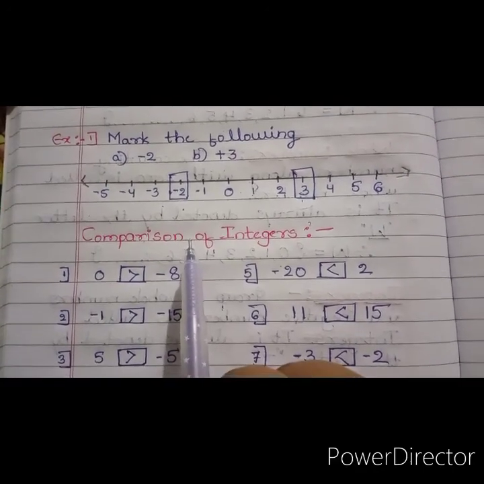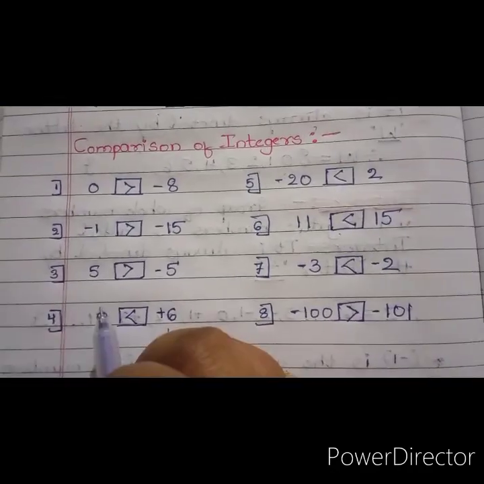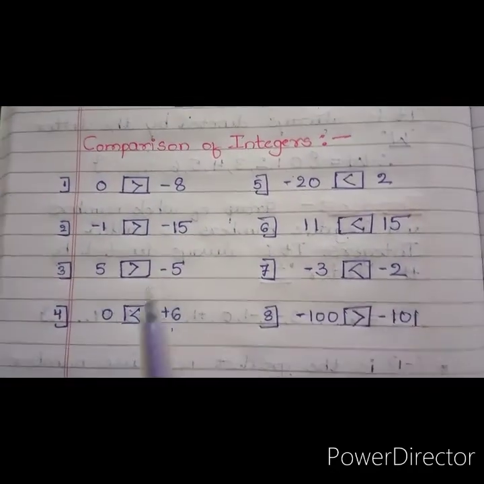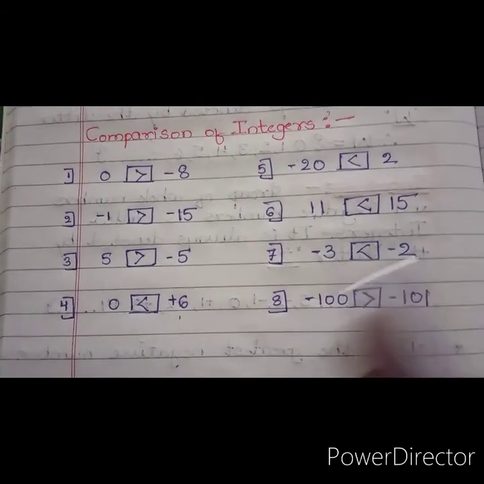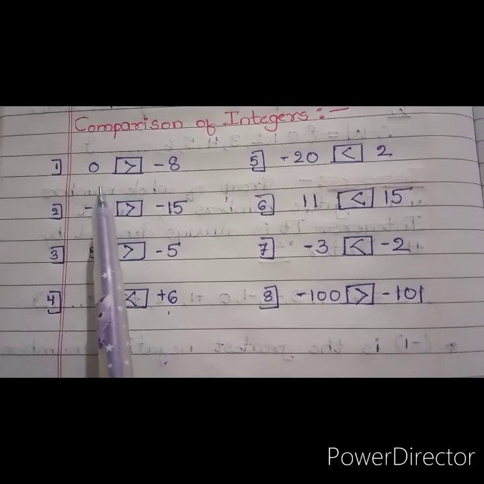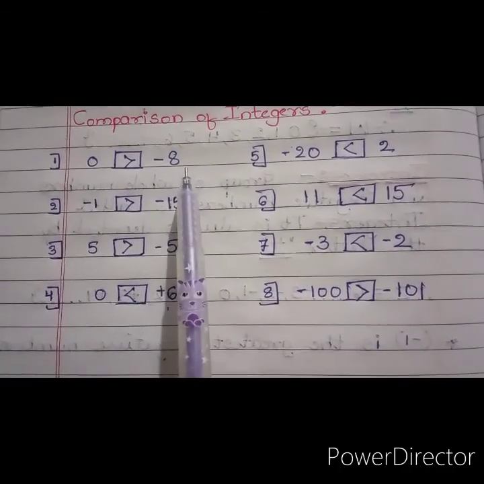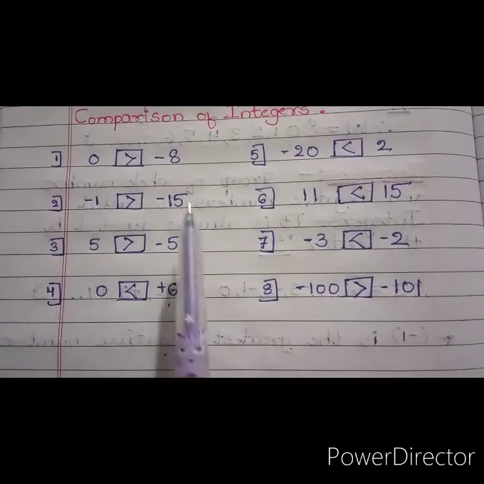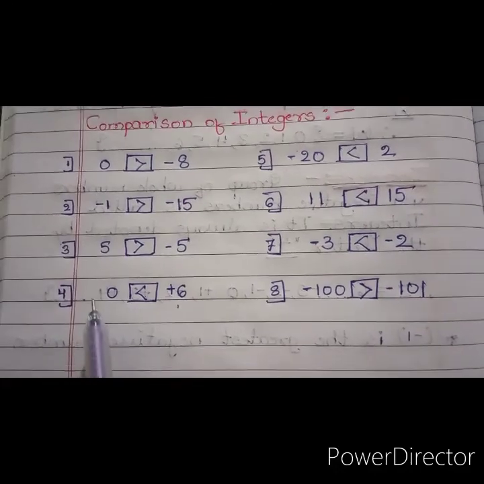Next one is comparison of integers. Here some problems are there, already compared, just to see. Here 0 and minus 8. So 0 is greater than minus 8. Minus 1 is greater than minus 15. 5 is greater than minus 5. 0 is lesser than plus 6.